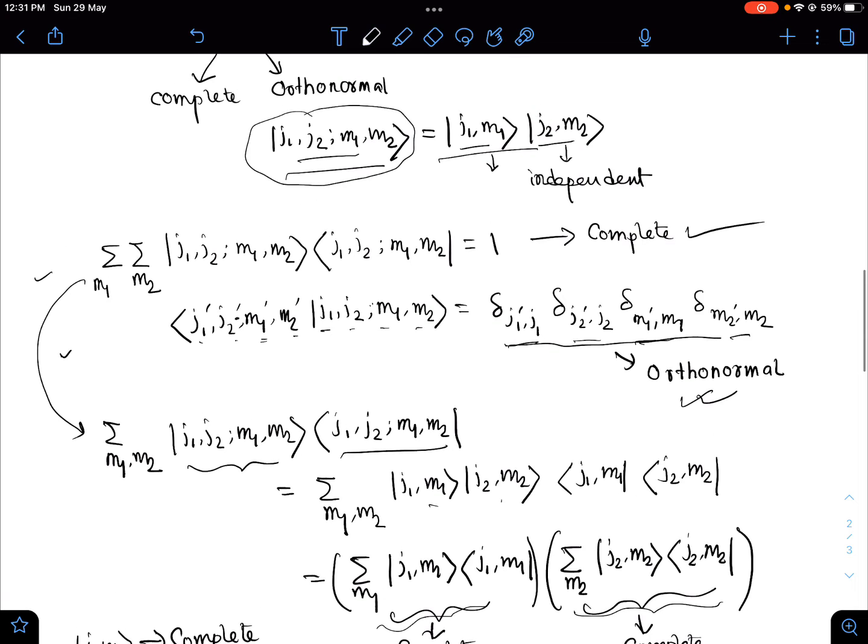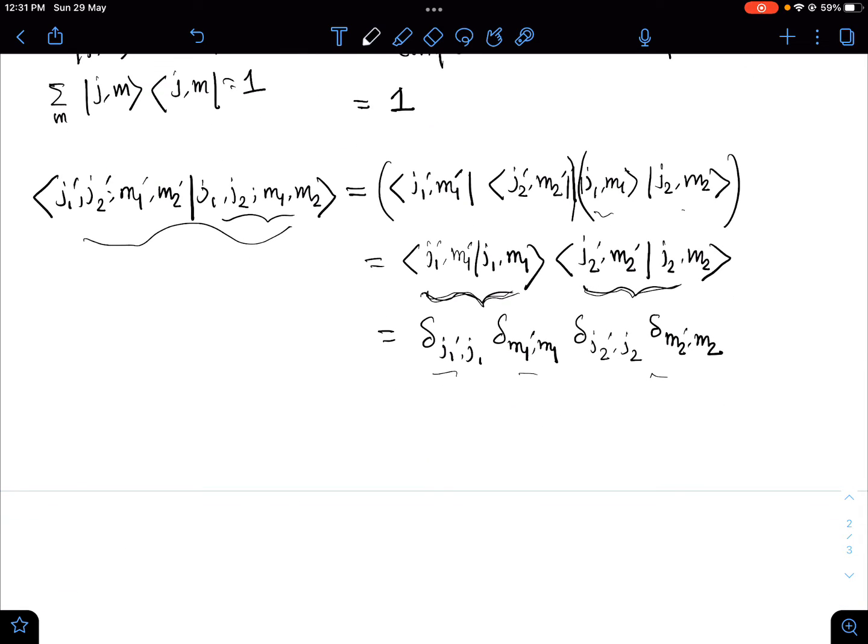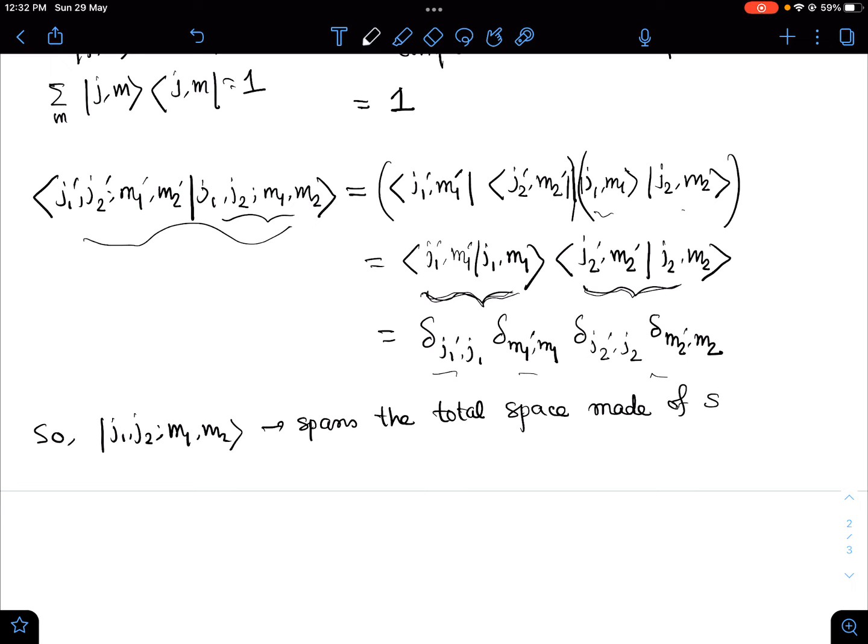Since these eigenstates |J1, J2, M1, M2> are complete and orthonormal, they span the whole space which is made up of subspaces 1 and 2.